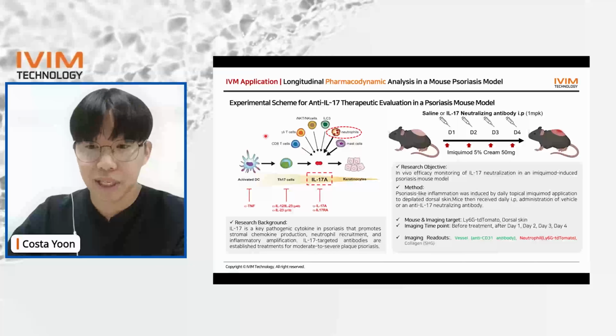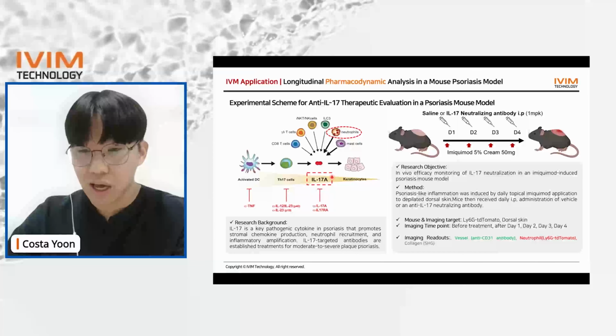First, let me briefly explain the pathological mechanism of psoriasis. In response to various stimuli, activated dendritic cells stimulate Th17 cells, leading to increased IL-17 production. And IL-17 causes stromal cells to release chemokines, which attract neutrophils and other immune cells to the affected tissue.